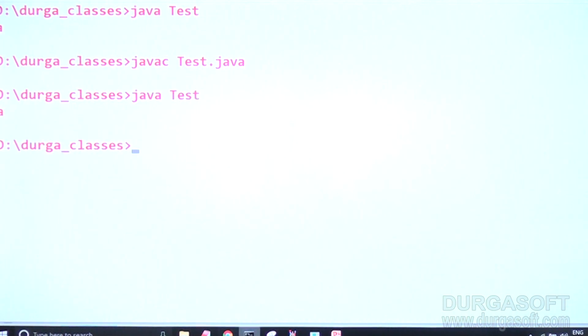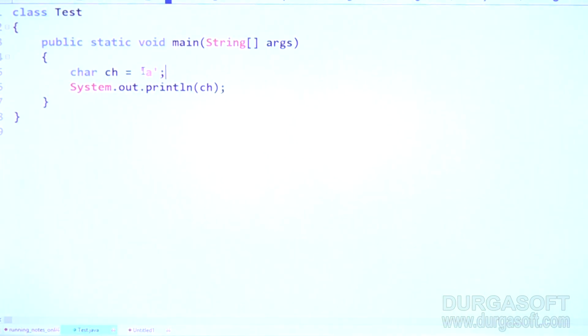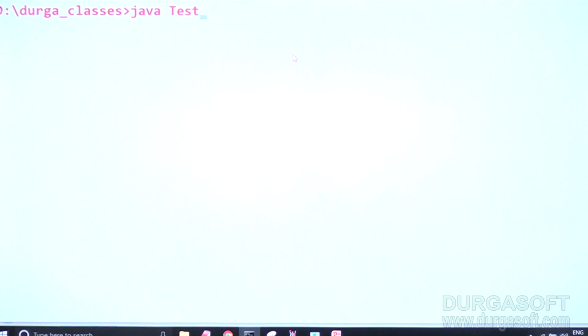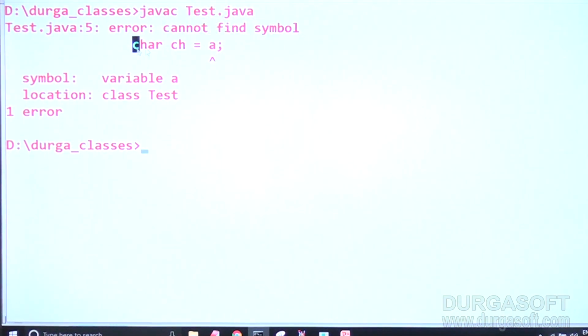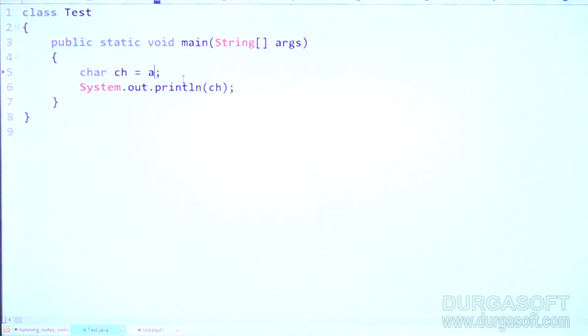Perfectly valid, sir. Have you observed? Valid. Now single quotes are missing. I'm not taking single quotes. Now what will happen? Cannot find symbol. Char ch is a. Sir, a is treated as a variable. There is no such variable. That's why you are going to get a compile time error.